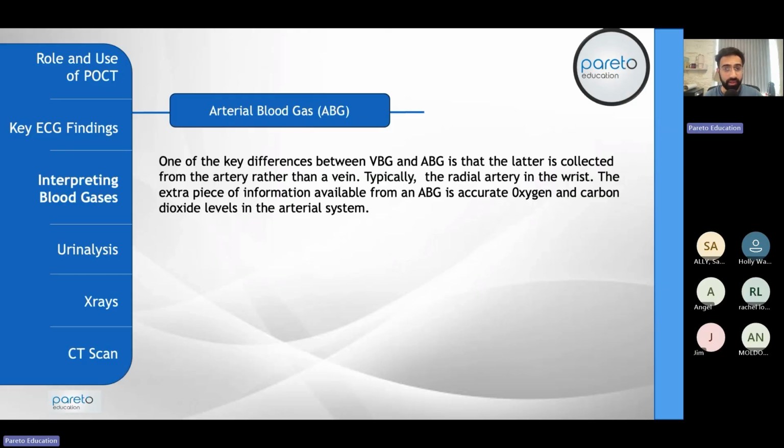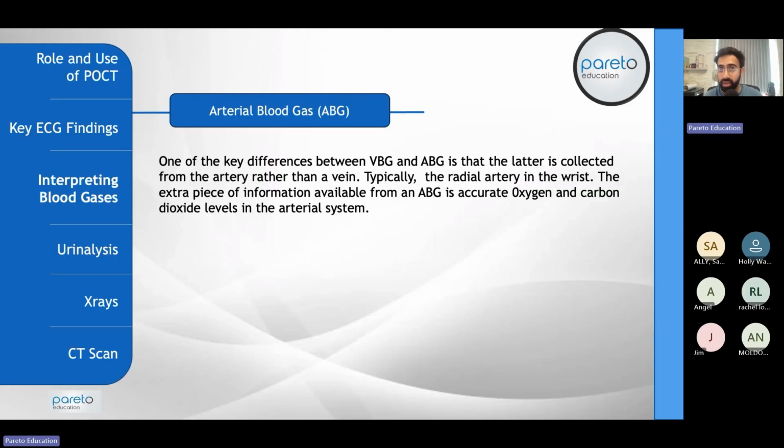VBGs and ABGs are both very important. ABGs hurt a lot more, because we're, of course, injecting a needle into an artery and trying to draw blood from that. Unfortunately, patients who have COPD are having lots of ABGs at regular intervals, and it's an incredibly painful experience for them.